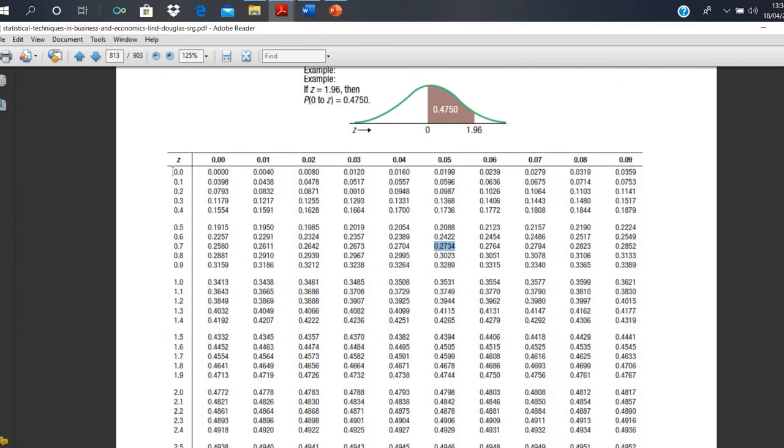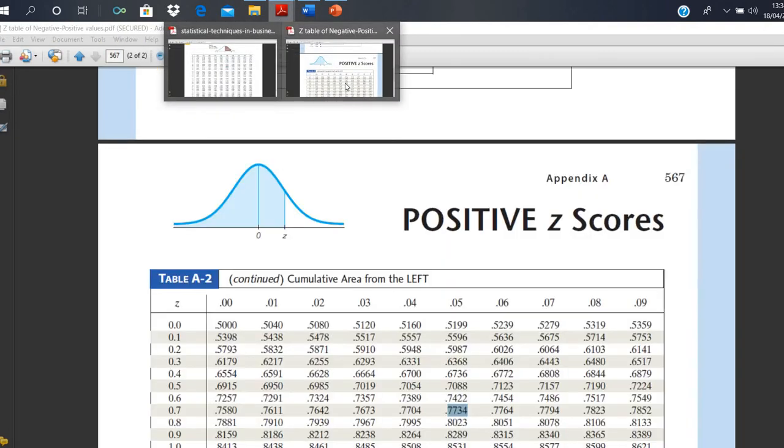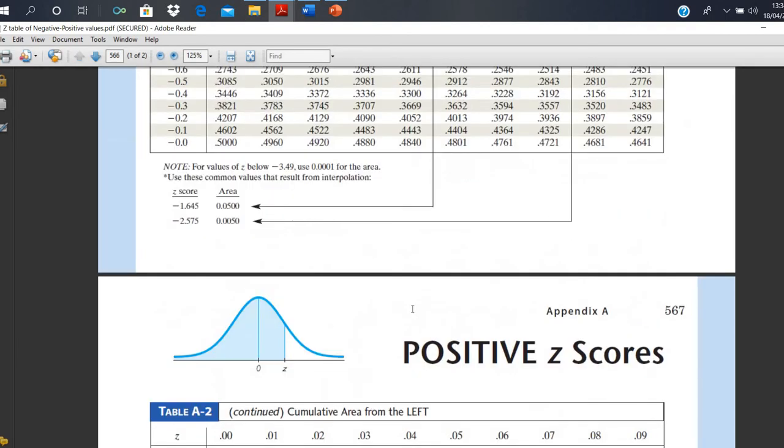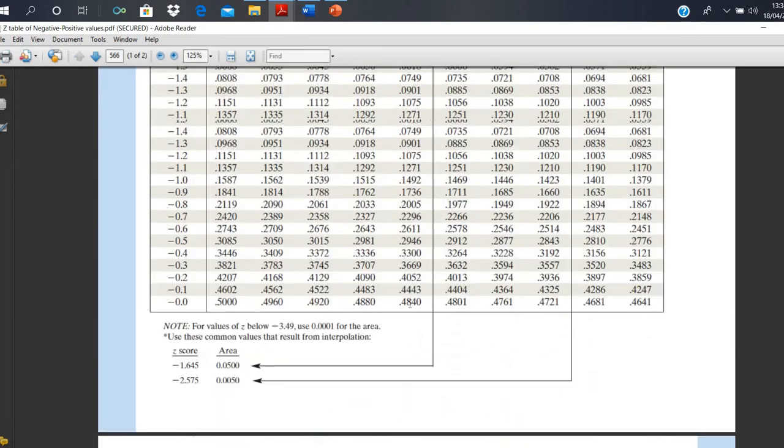It's only a table of positive values, and it's only giving the area on the right-hand side of 0. That's what those probabilities are. So the best thing to do, I advise you, if I'm asking you this question, is to just use the second table that has negative values and positive values.